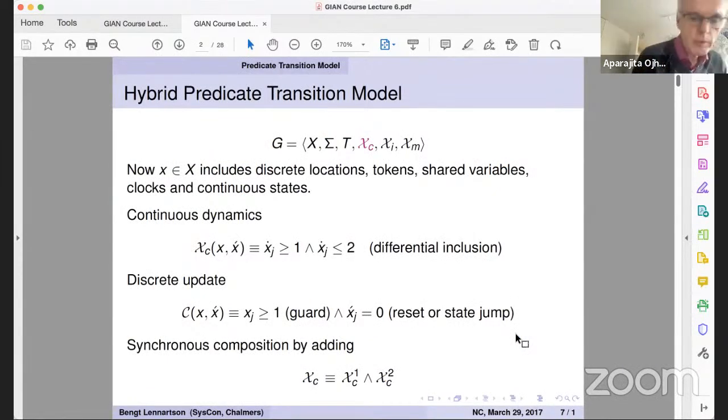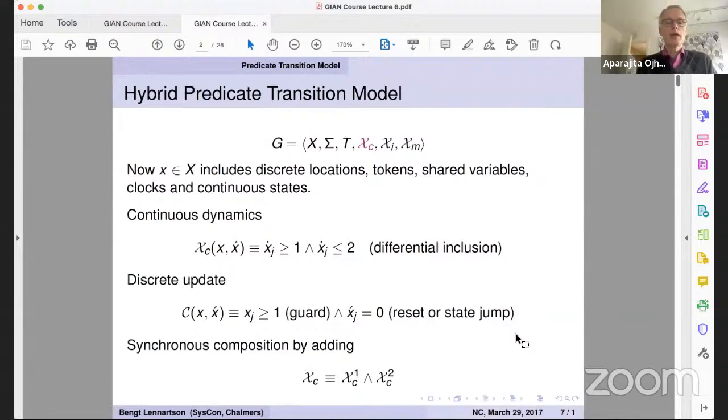And on the other hand, we could be even more unified here. You remember that I talked about predicate transition models for logical systems with logical guards and actions.